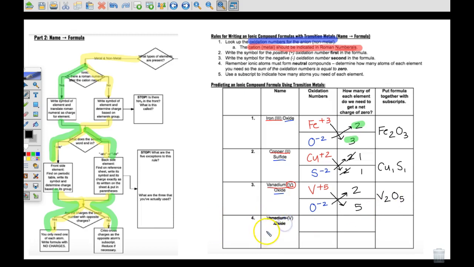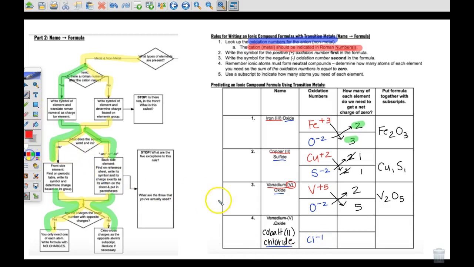For number 4, we're going to replace what's there with cobalt 2 chloride. The symbol for chloride, or in its neutral form, chlorine, is Cl. And after looking at the front side of my periodic table, I see that it has an oxidation number of -1.